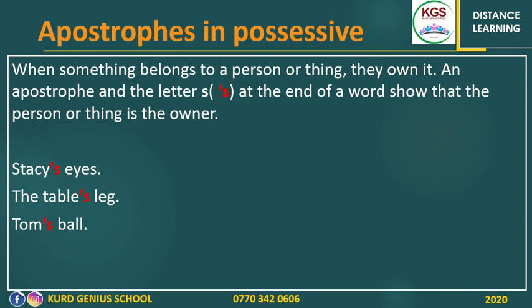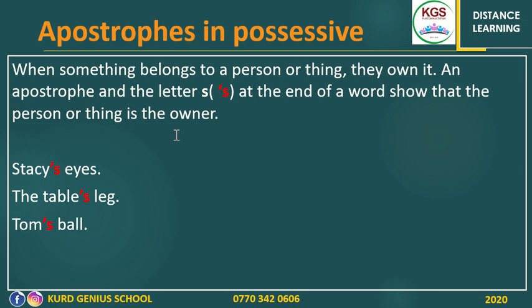Apostrophes in possessive. When something belongs to a person or thing, they own it. An apostrophe and the letter S at the end of a word show that the person or thing is the owner.